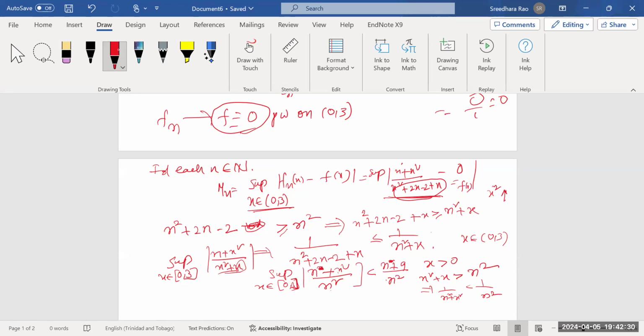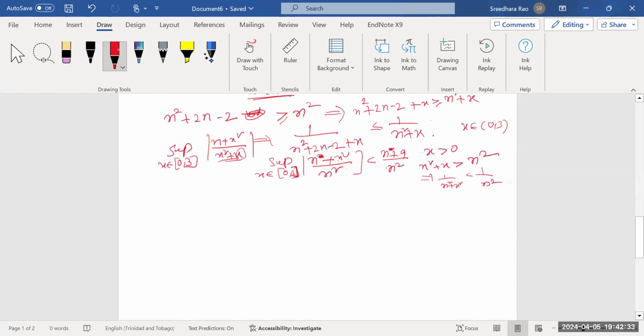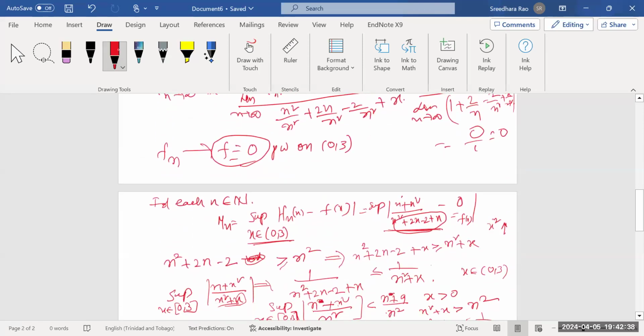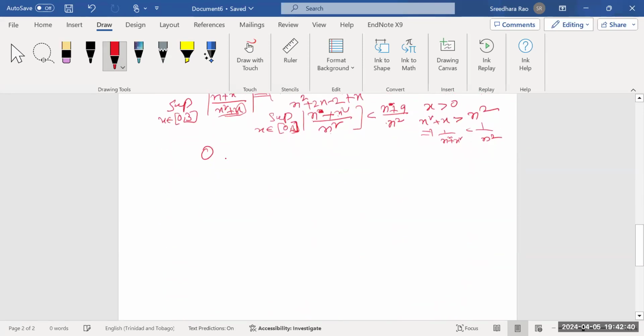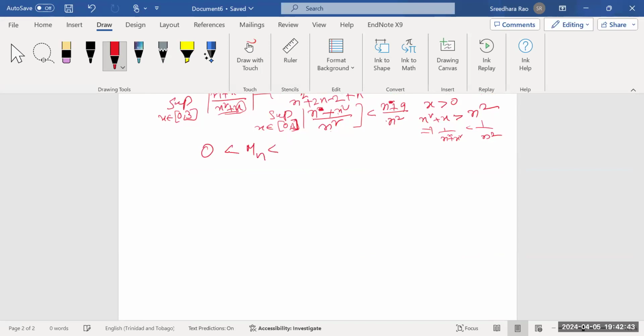So this is your Mn, and Mn is less than n plus 9 over n square. The right hand side tends to 0 as n tends to infinity. By the sandwich squeeze theorem, Mn tends to 0 as n tends to infinity.